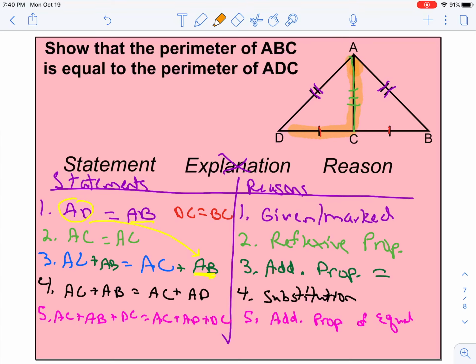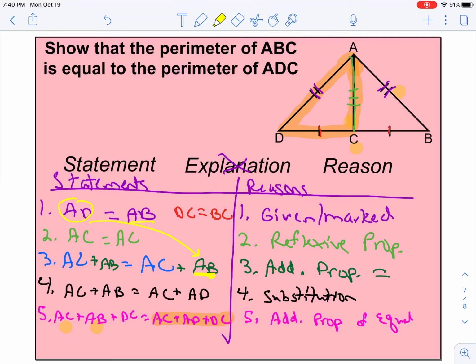So I actually have this perimeter right there. Okay, so that's one of the things I was trying to get. But the other side doesn't match the other perimeter over here. This is AC, which is this right here, and AB, which is this, but I need not DC, I need BC.